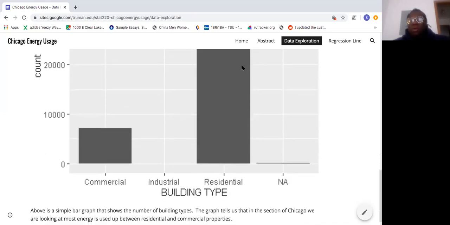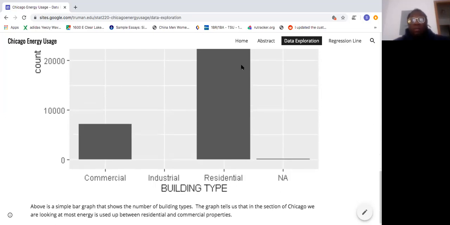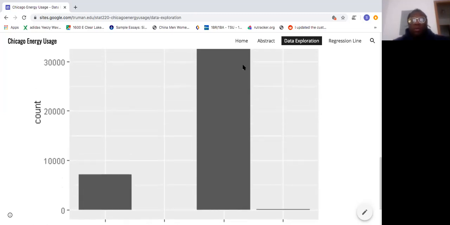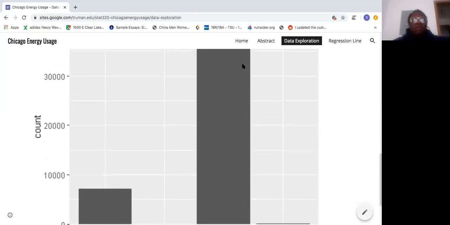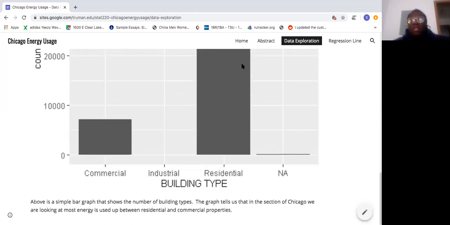And that seems to be right, because if a commercial building is open from 6 in the morning to 5 or 7 in the evening, that outweighs the residential, which might have the light on from 6 in the morning to 10 o'clock at night till it's time to go to bed.